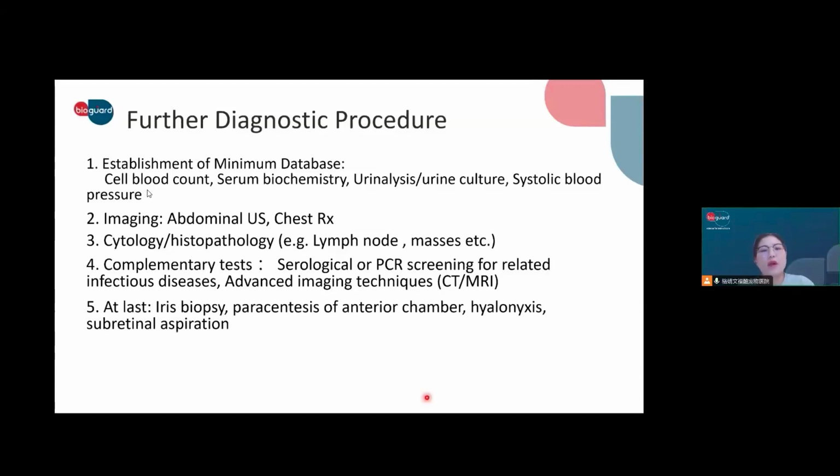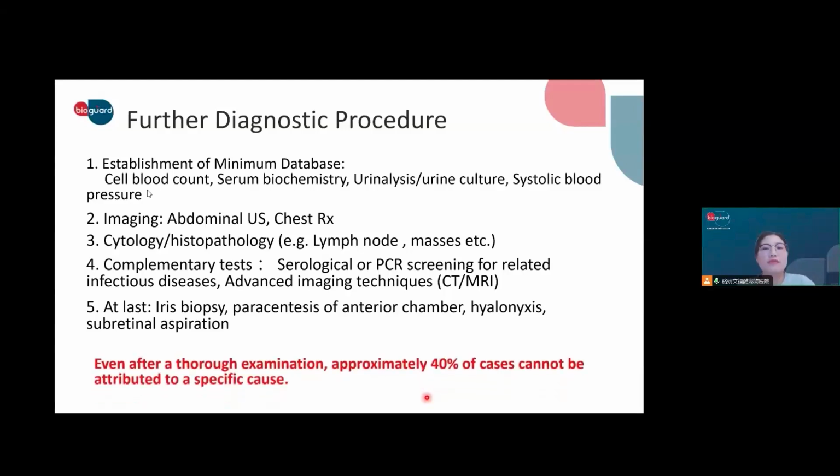However, we need to know that even after a thorough examination, approximately 40% of cases cannot be attributed to a specific cause. There are approximately 40% of cases where we could not find the underlying reason.